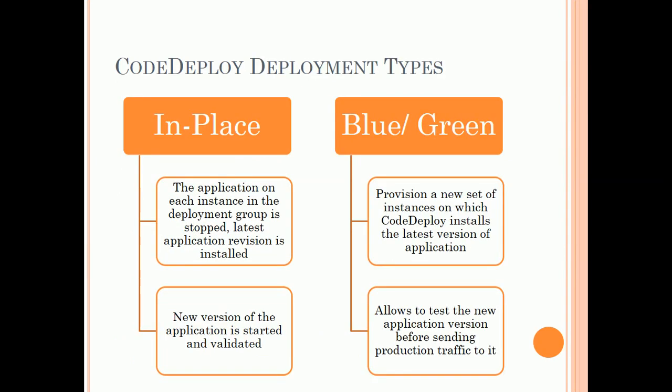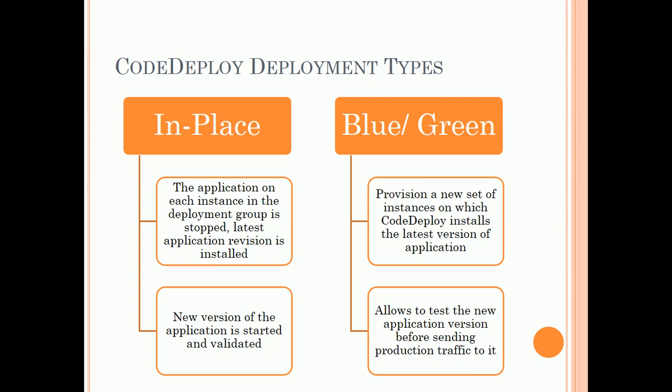As we have seen, there are two different deployment types available, that is in-place and blue-green. In in-place, the application on each instance in the deployment group is stopped, the latest application revision is installed, and the new version of the application is started and validated. Whereas blue-green deployment provisions a new set of instances on which CodeDeploy installs the latest version of the application.